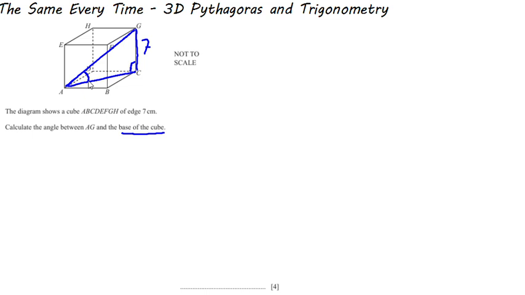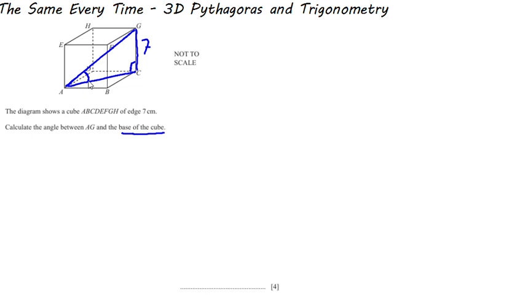We have a right-angled triangle here, and to get an angle in a right-angled triangle, I just need 2 of the sides. I've got one of the sides already, that's the side 7, and if I can get another side, either A to G or A to C, then I will be able to find the angle.